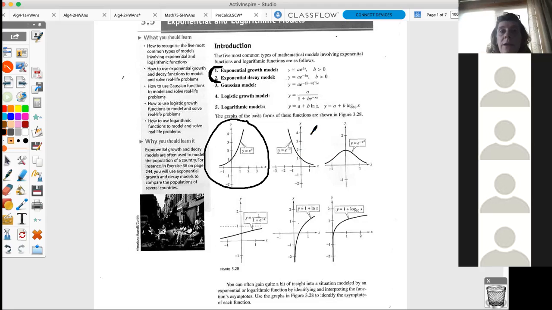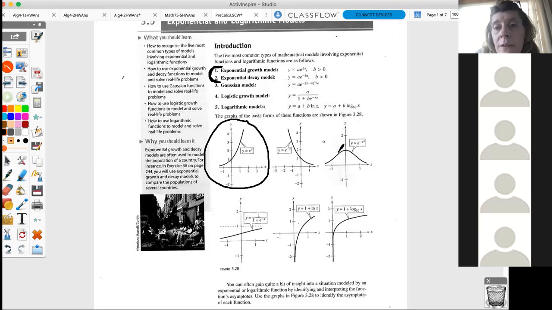Okay, that's exponential decay. Another use for exponential decay is if you have medicine in your system. So let's say you take some medicine at 8 a.m. That medicine is going to start wearing off, and it's going to be wearing off at a decreasing rate. So we'll be talking about some of those exact problems later on.